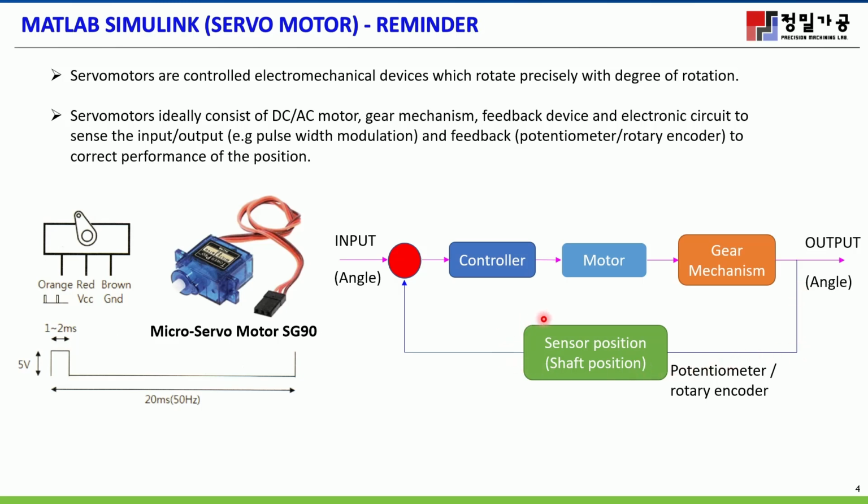For the feedback sensor in this plastic gear motor, it is usually a potentiometer because it is cheap. Some servo motors have a rotary encoder to sense the position of the shaft. That is the basic definition of a servo motor.